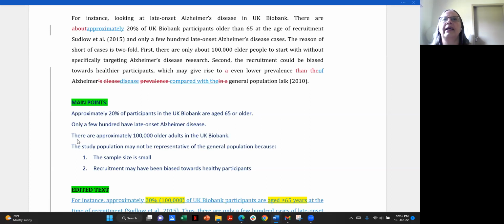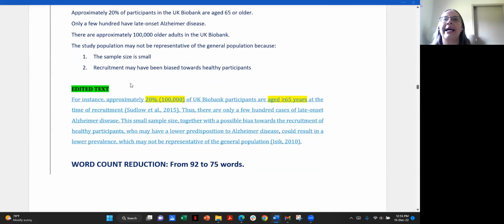The third point, there are approximately 100,000 older adults in the UK Biobank. And the last point is that the study population may not be representative of the general population, for two reasons: the sample size is small and recruitment may be biased towards healthy participants. Having listed the key points, we can now combine everything to make the edited text.